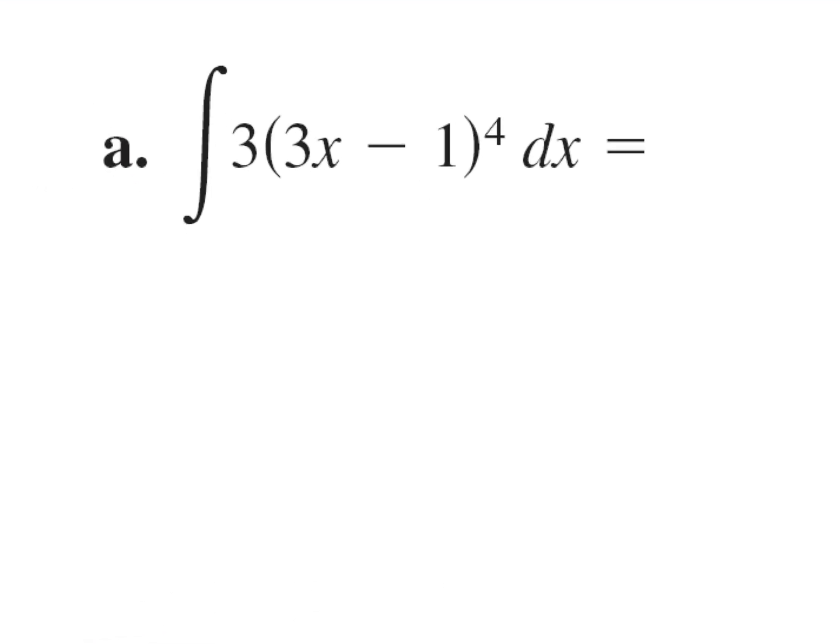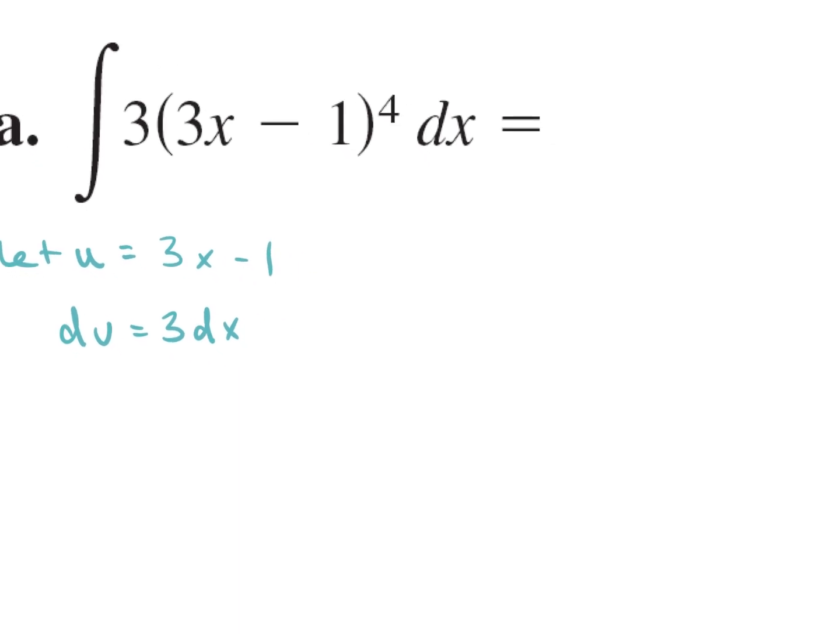Let's look at A on the next page. So I'm going to say let u equal what? 3x minus 1, perfect. And then du is going to equal what? 3 dx. Don't forget the dx. So then when I substitute in, I have the integral of 3x minus 1 changing to u, and 3 dx changing to du.